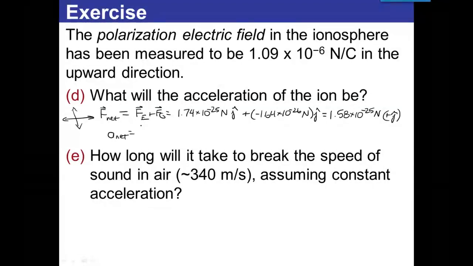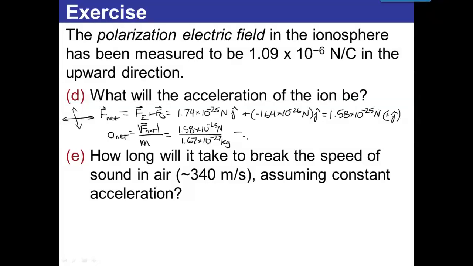Acceleration is going to be the ratio of the force on our particle divided by its mass, and the mass we said was 1.67 times 10 to the negative 27. So we get 1.58 times 10 to the negative 25 newtons divided by 1.67 times 10 to the negative 27 kilograms. Okay. And let's see, I ended up getting about 94.6 or so meters per second squared.